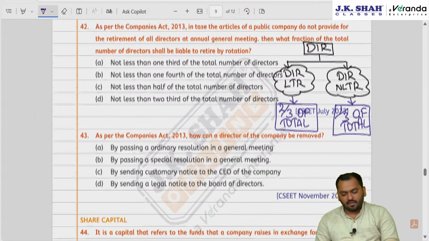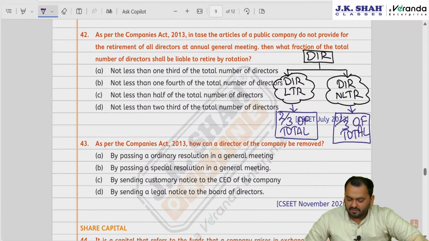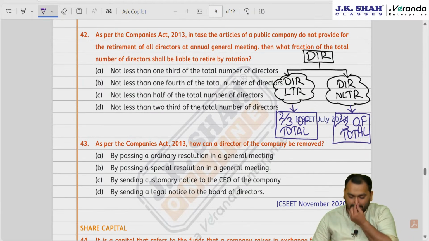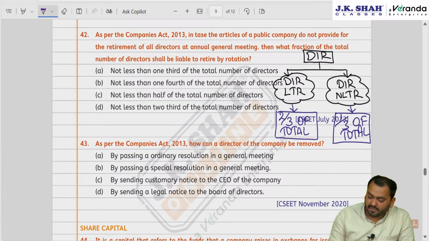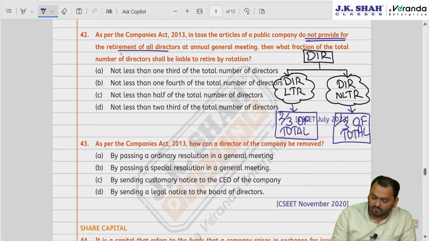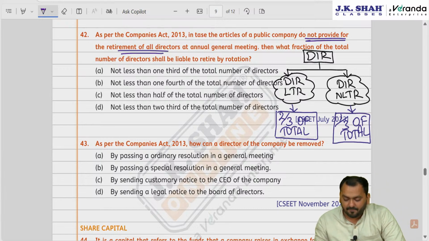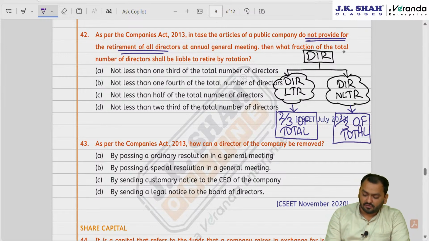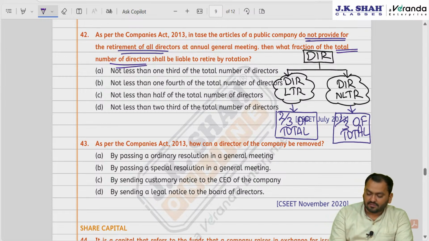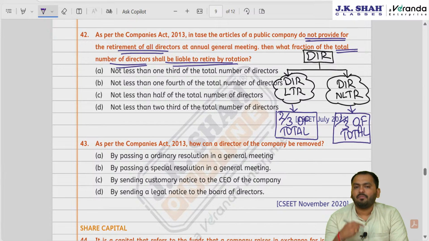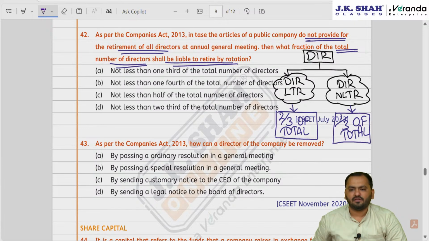Friends, here you can see the question they have asked: in case the articles of the public company do not provide for retirement of all the directors at the AGM, what fraction of the total number of directors shall be liable to retire? We just need to explain how many directors are liable to retire.